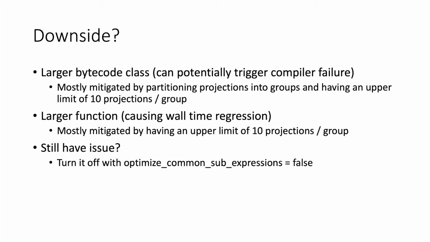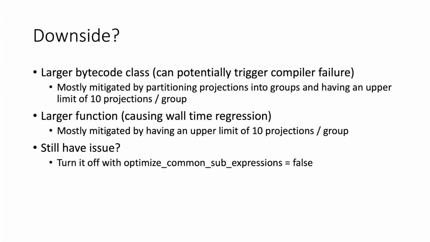I didn't really dig into it, but with some micro benchmarking we decided that 10 projections per group is pretty safe. So we arbitrarily say that we'll try to partition the projections by CSE, but cap it at 10. If it's more than 10, just split it into two groups, or more groups if necessary. That way, within the group you still get the benefit of CSE, but you don't pay the wall time regression.